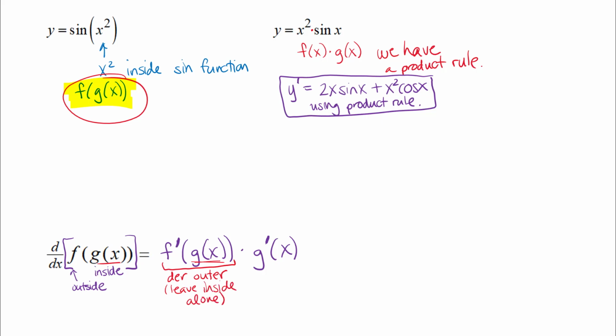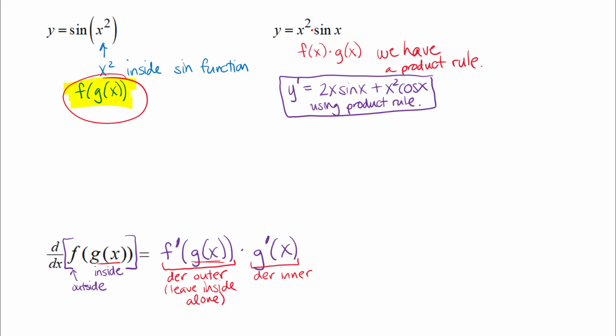Then times g prime of x, the derivative of the inner function. So: the derivative of the outer function, leave the inside alone, times the derivative of the inner function.